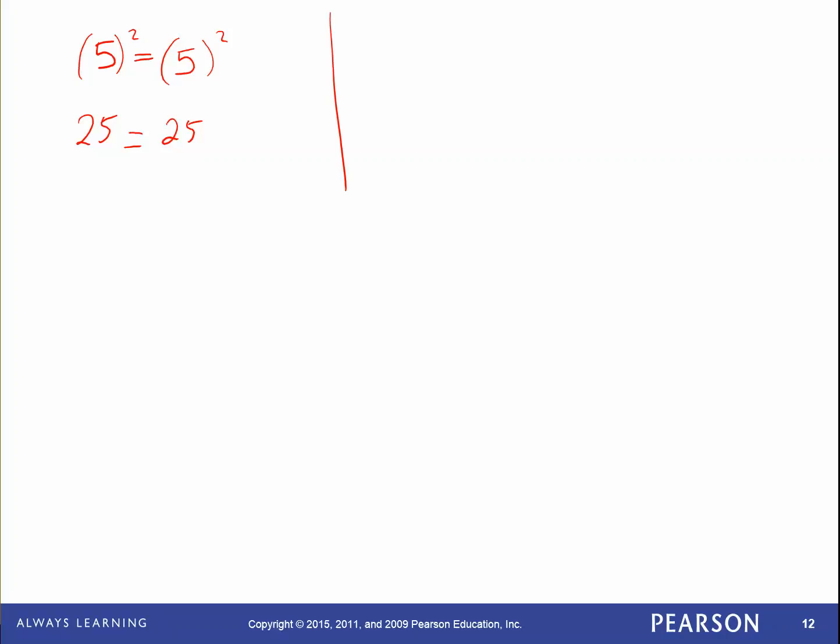Okay. But how about this? True or false? Yeah, that's false, right? Negative 5 is not equal to 5. But here's my problem. If I were to square both sides, now do I have myself an equal sign? Okay, so here's the problem with square roots.